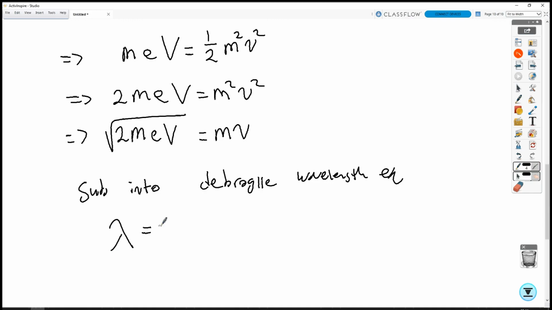So lambda is equal to h over mv, and that gives us lambda is equal to h over the square root of 2meV.